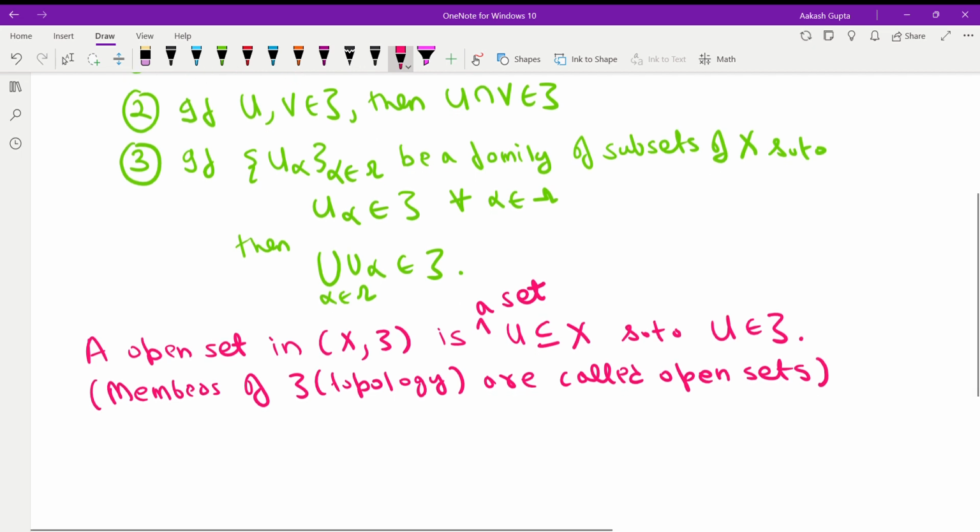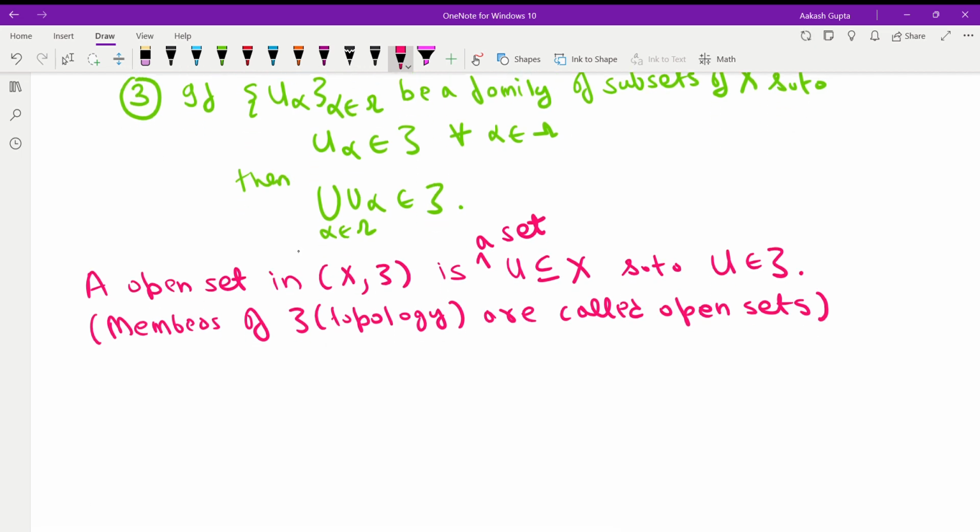Let me give you just one more definition. Although it's not necessary at this point, let's have it here only. So, what is the definition? I want to define something called closed sets, of course in a topological space.